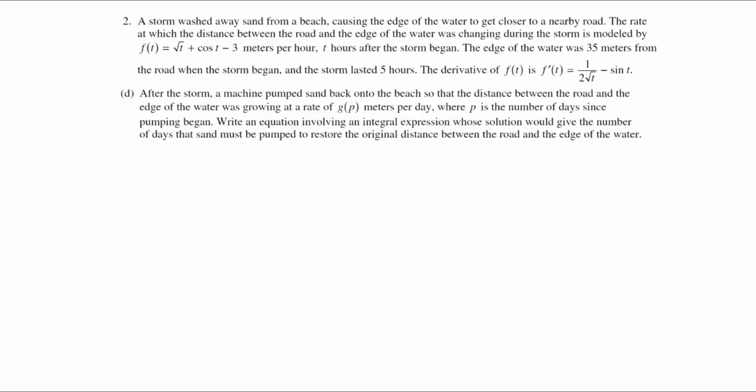So we know that it changed by an integral from 0 to 5 of f of t dt. But when we pump, we're going to be pumping a positive amount back in, so we have to cancel this out with a negative here. And we want this to equal an integral from whenever we start pumping. P is the number of days since the pumping began, so we're going to do this in terms of p.